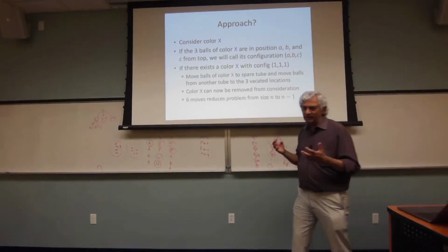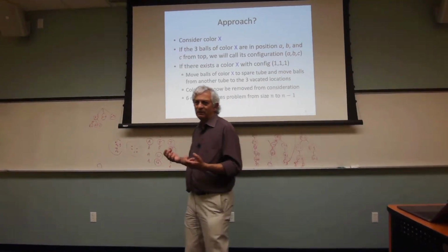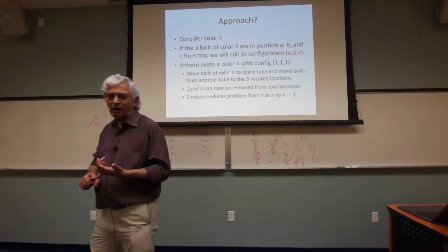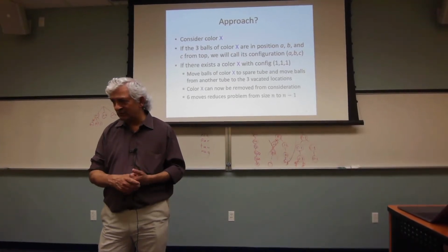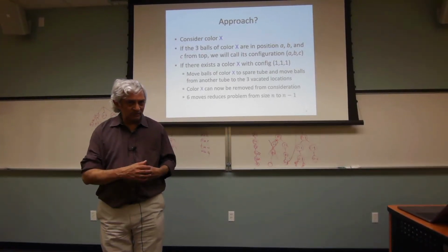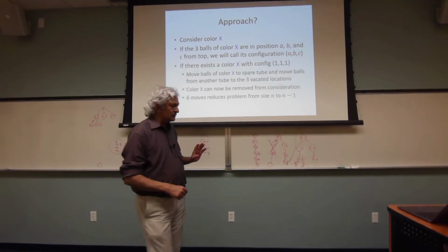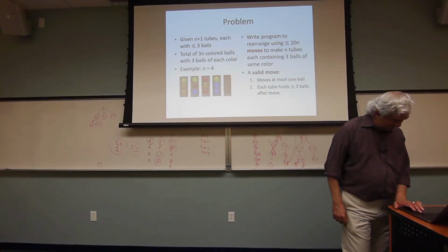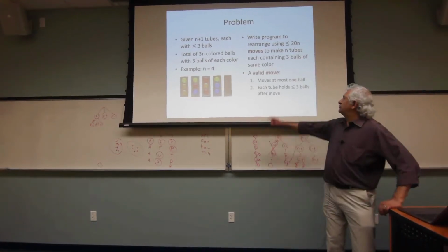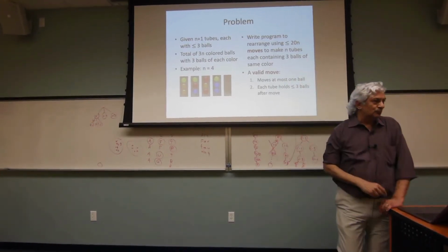But I have to keep track of how many moves I make. Remember, I don't have to optimize my number of moves. That's what the problem says. You remember this? So it says that I don't care about optimizing it. In fact, what does it say? 20n. You just want to make sure that you don't make more than 20n moves.